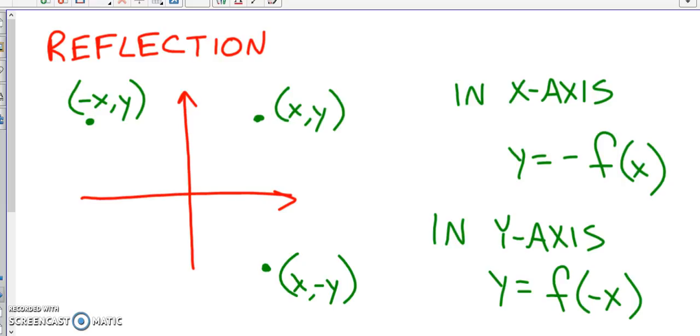All right, so that's how that works. So let's say I want to take f of x equals the square root of x.